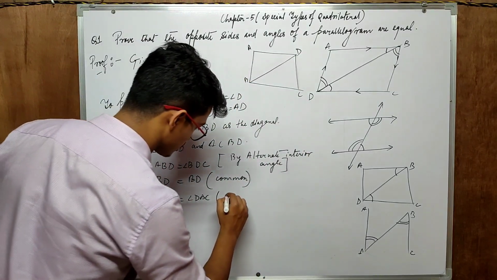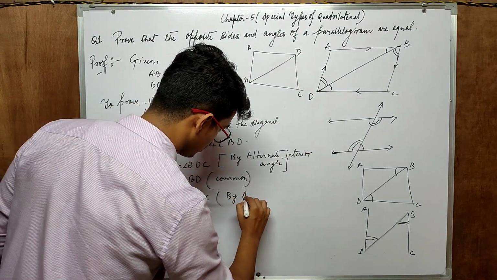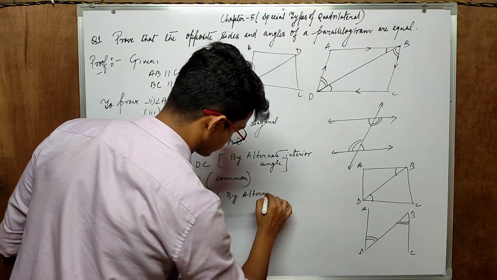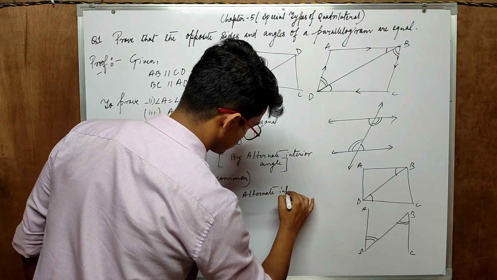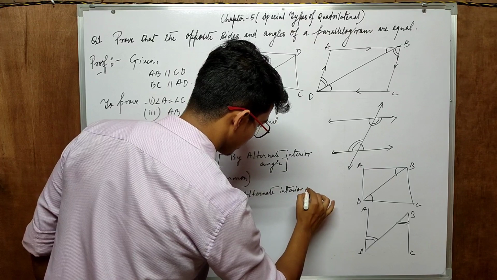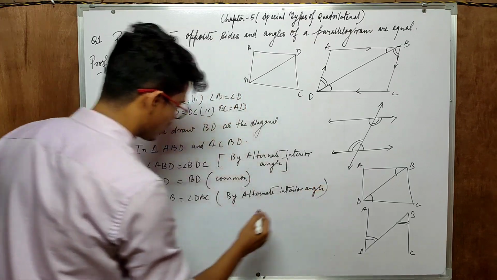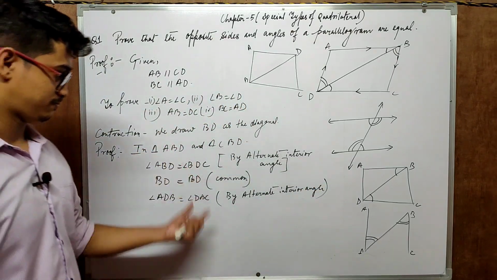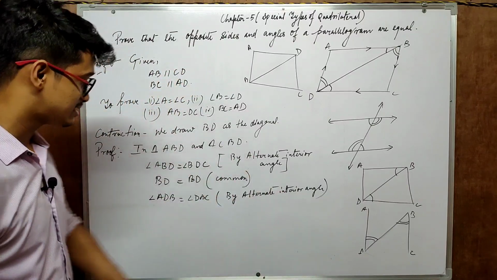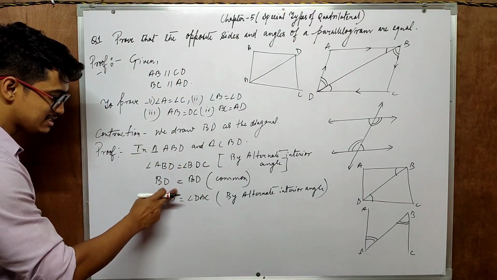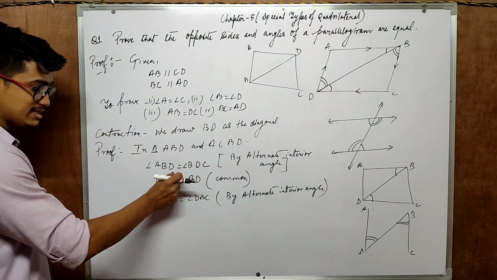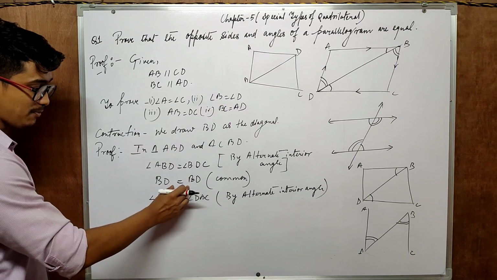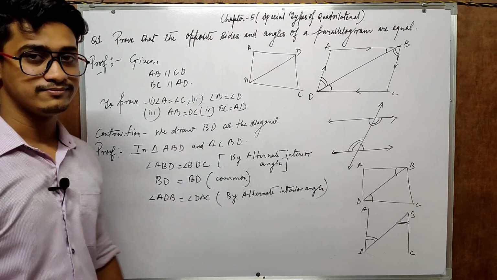So what is the reasoning over here? By alternate interior angle. All right. So now the three conditions are applicable. If you just see, this is angle, side, angle. A pair of angles is equal, a pair of sides is equal, and a pair of angles is equal.